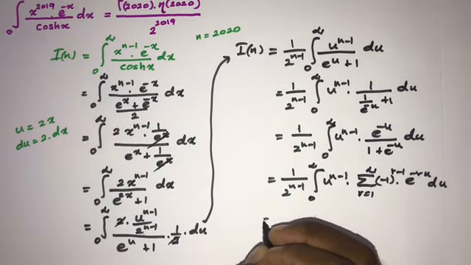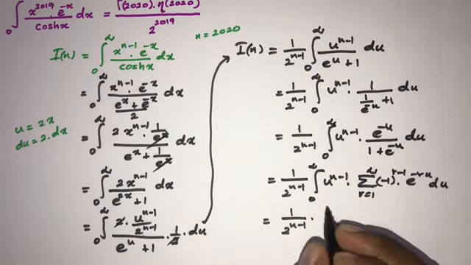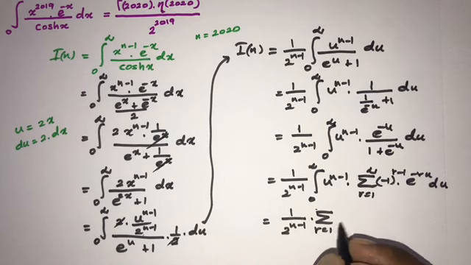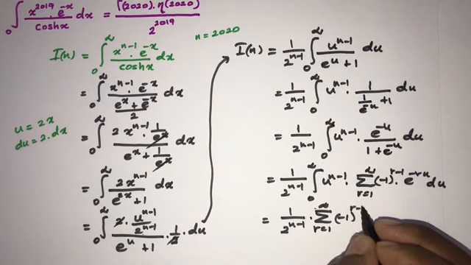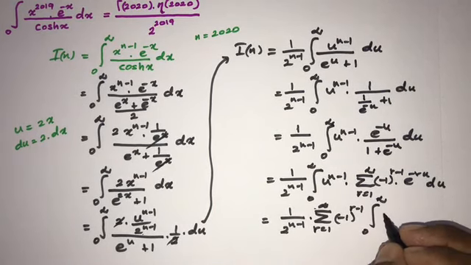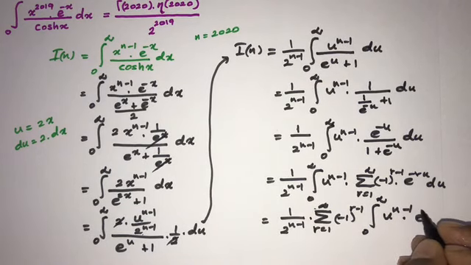Then we have 1 over 2 to the n minus 1, and the sum over r equal 1 to infinity of minus 1 to the r minus 1, times the integral from 0 to infinity of u to the n minus 1 e to the minus ru du.